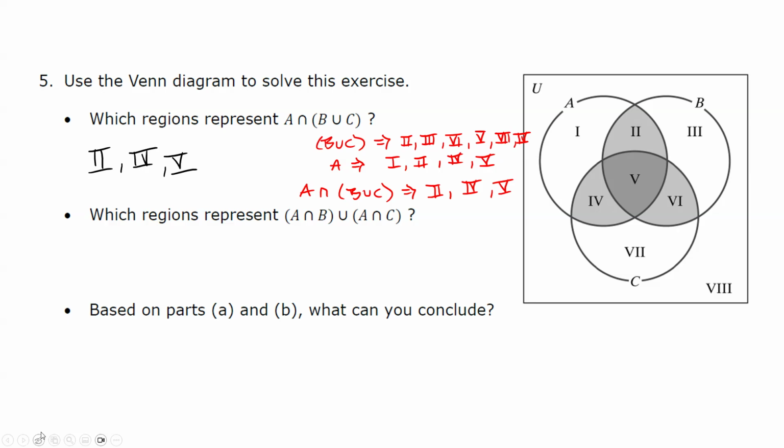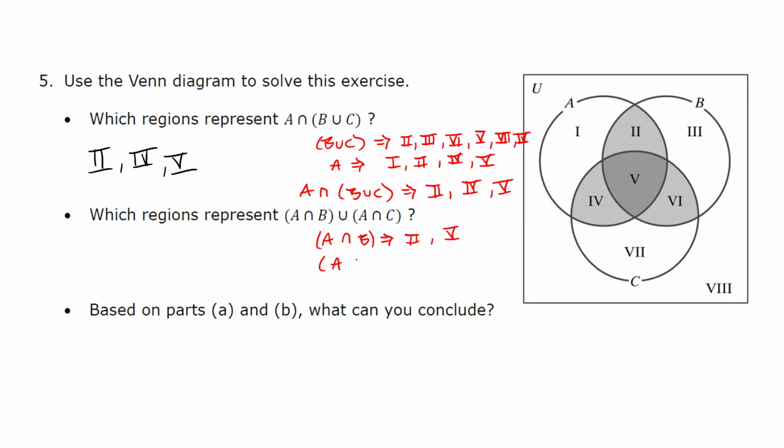Okay, let's do the next one. Which regions represent the union between the intersection of A and B and the intersection of A and C? Okay. Well, the intersection of A and B is going to be the regions 2 and 5.